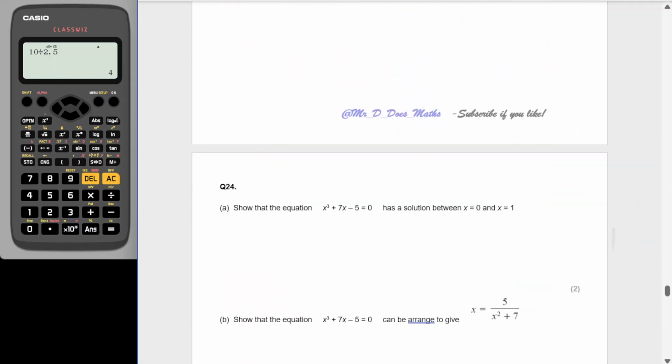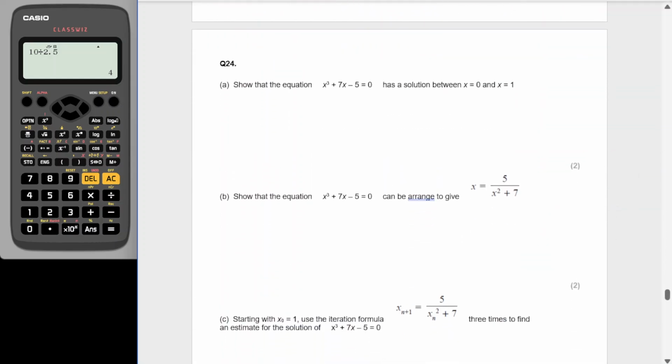Okay, question 24. Show that this has a solution between 0 and 1. So when x is equal to 0, we would get 0 squared plus 0 minus 5, so we would get minus 5. When x is equal to 1, we would get 1 cubed, that should have been a cubed, it doesn't affect the 0 though, plus 7 minus 5.